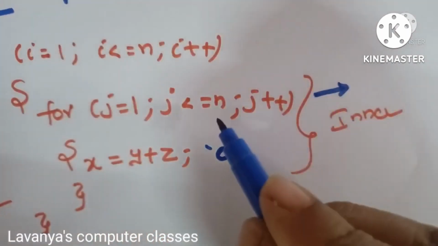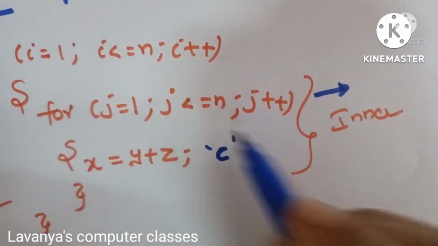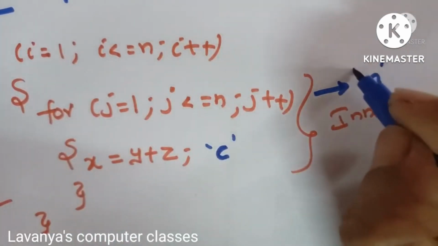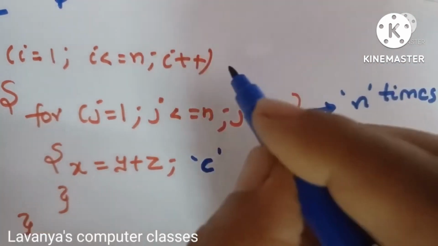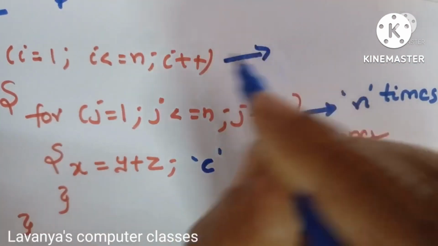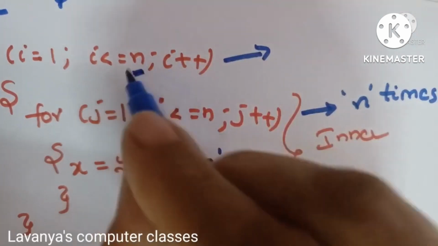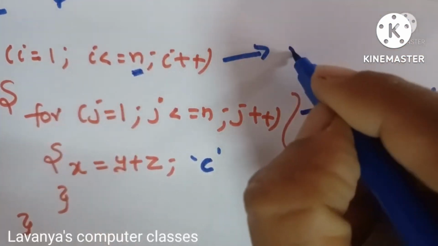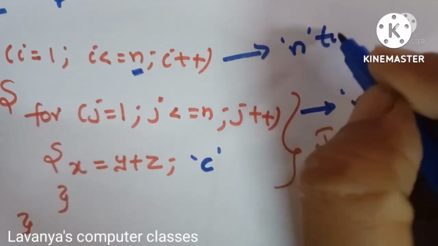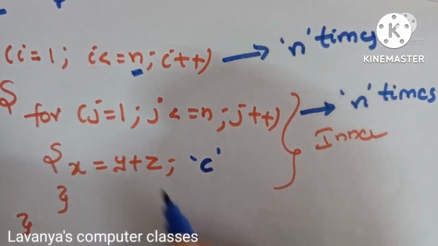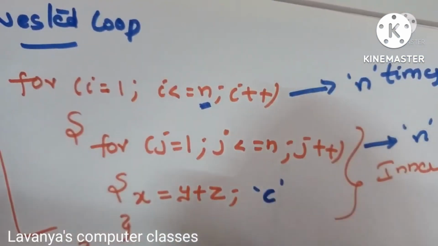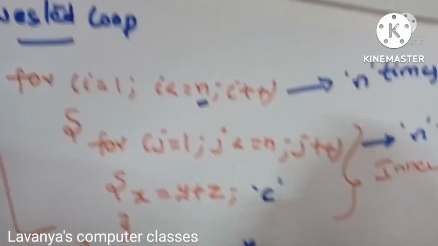How many times the inner loop is executed depends on n. How many times the outer loop is executed also depends on n, so that is also n times in this example.